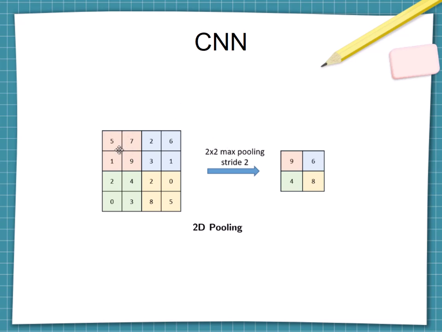From that pink area we get the max value, and in this region 9 is the maximum, so we get 9 at the output. In this blue region 6 is the maximum, so we get 6. 4 is the maximum in this green region, and 8 is the maximum in this yellow region, so 4 and 8 are our output.